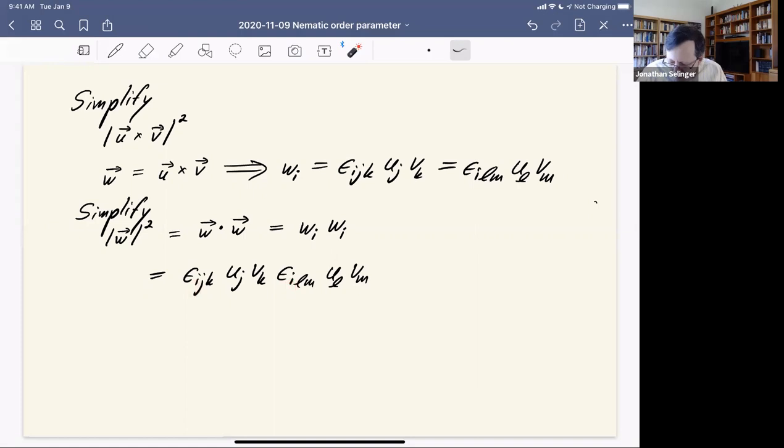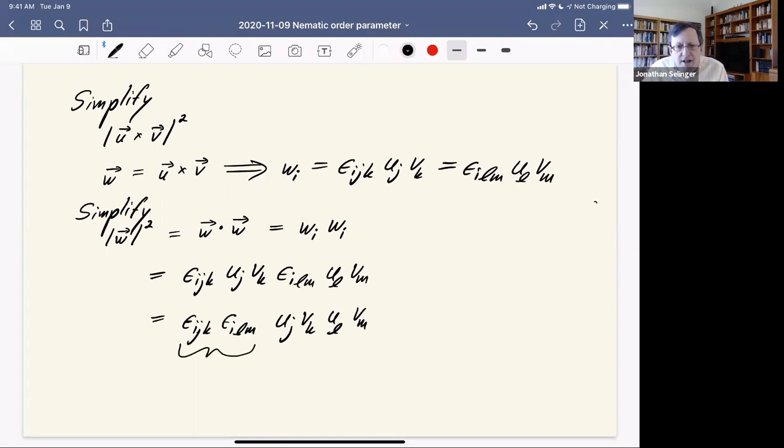Now, I can keep simplifying by rearranging the factors. So I will put the epsilons together: epsilon_ijk epsilon_ilm, u_j v_k u_l v_m. I can rearrange the factors as long as I keep the same indices on the same objects. Now, I can use the identity that we talked about. Remember, we have an identity for what happens when you have the product of two of these Levi-Civita symbols.